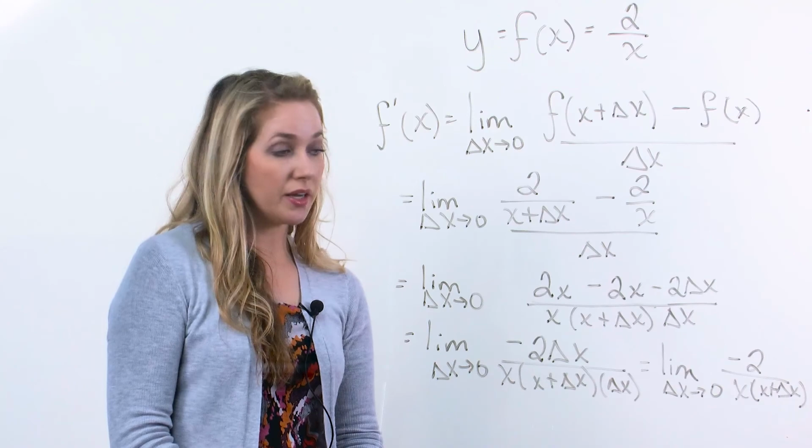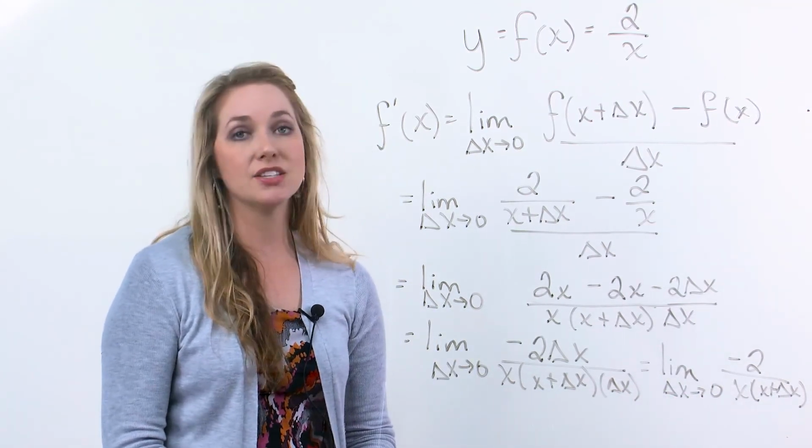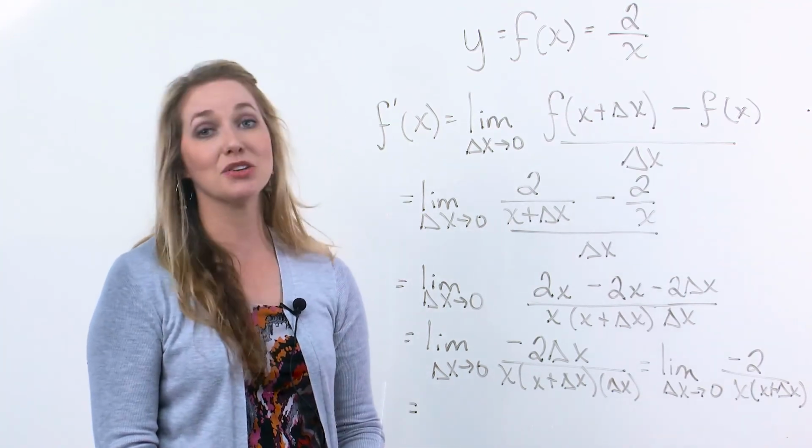So it's now at this point where I can plug in a 0 for delta x, and I don't receive a problem, like 0 divided by 0.